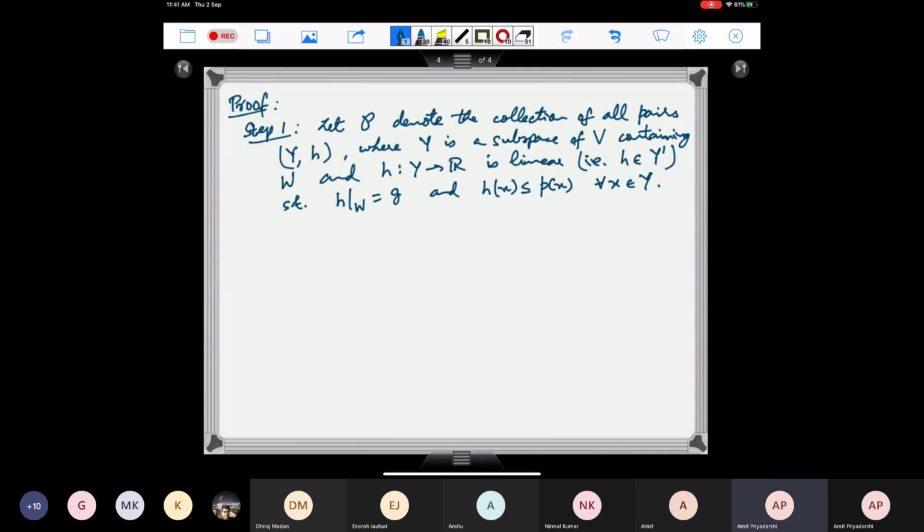And now you should get an idea of what we will do. We will prove that this P has a maximal element.